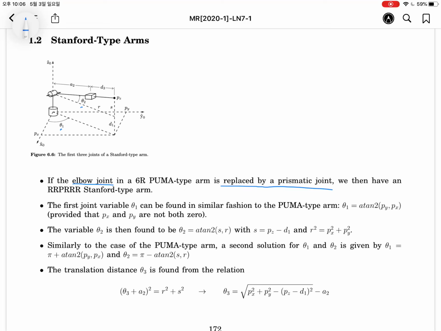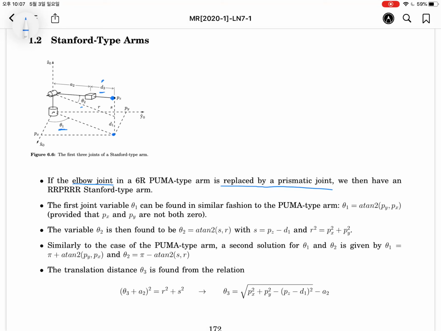The first joint is the same. The second joint is the same as the Puma, but the third joint, d3 instead of theta 3, is replaced with the prismatic joint. This is the wrist center, so it has three orthogonal joint axes.